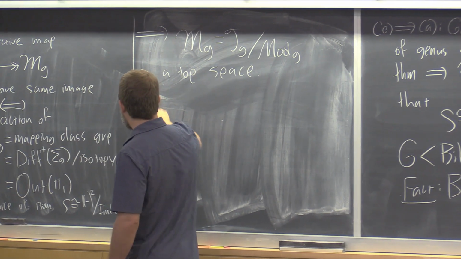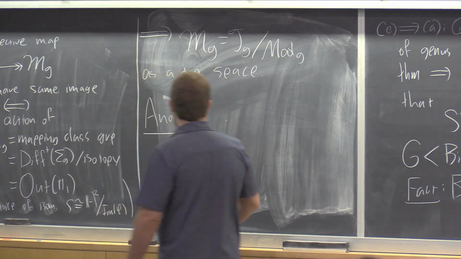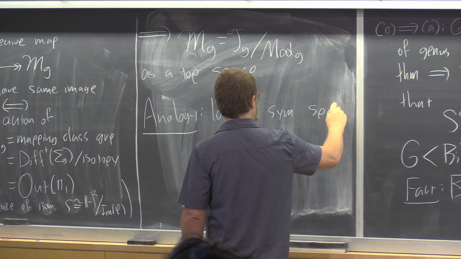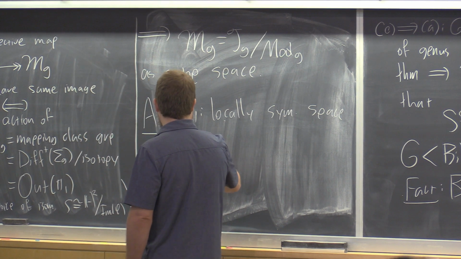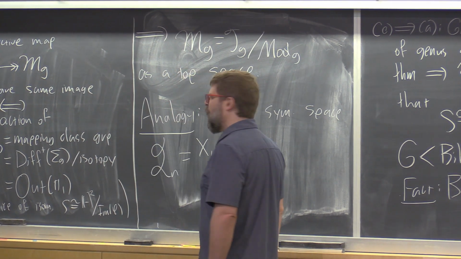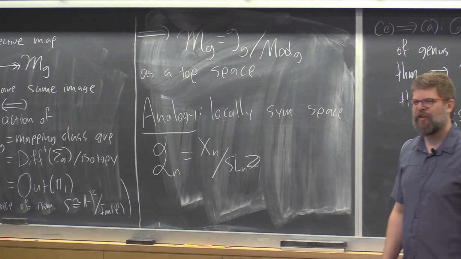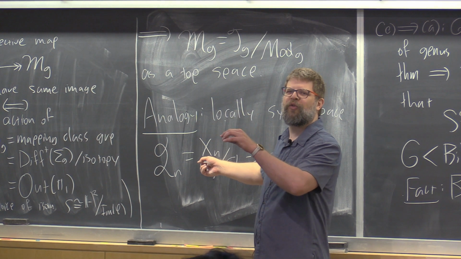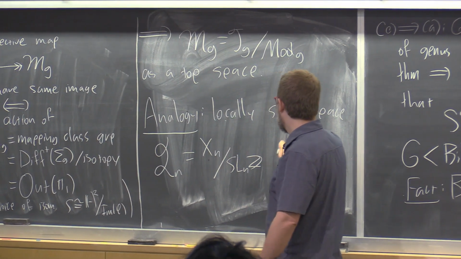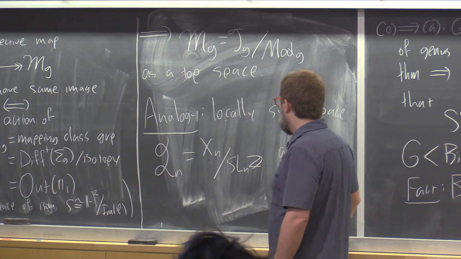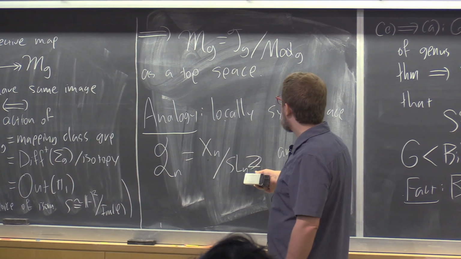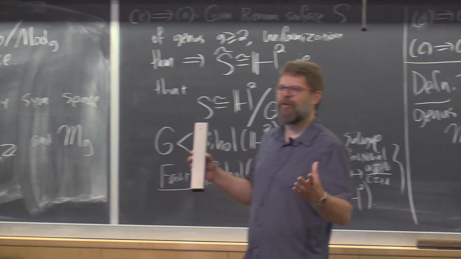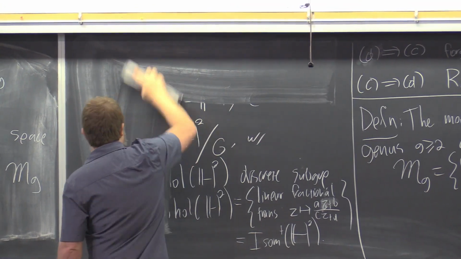There's an analogy between L_n, which is X_n modulo SL_n(Z), the moduli space of lattices inside R^n, where X_n is R^(n+1 choose 2), modulo the action of this discrete group, and M_G. SL_n(Z) plays the role of the mapping class group, and Teichmüller space plays the role of X_n. Is that space tractable? That's the following theorem of Fricke and Klein.